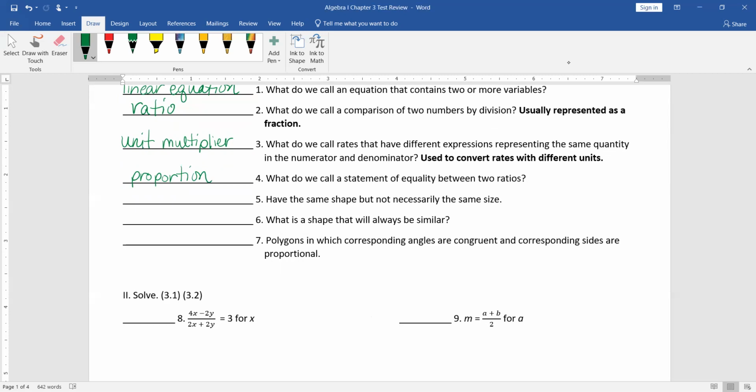And then what if two figures have the same shape, but not necessarily the same size? We call these similar figures, as opposed to congruent figures, which you'll learn more about in geometry next year. These are similar.